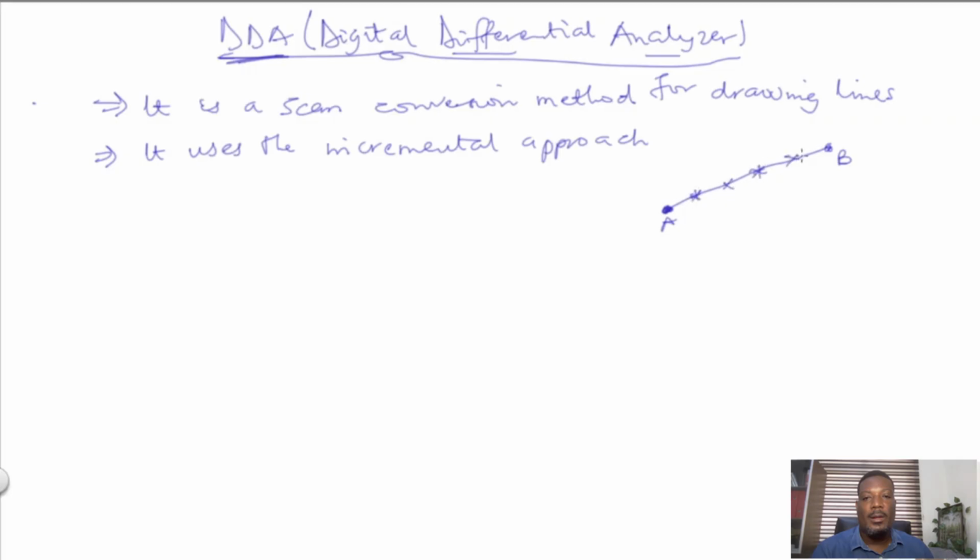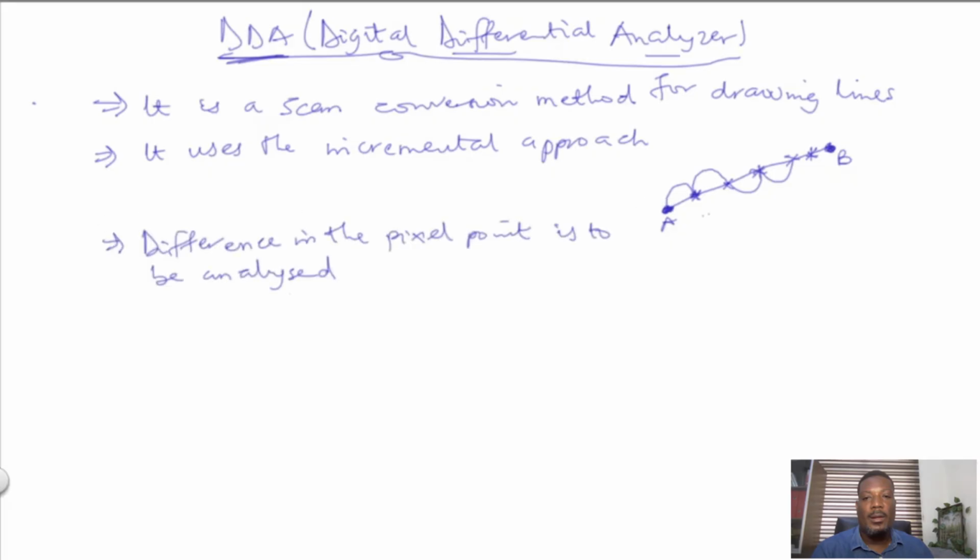All these points will be drawn based on the previous points to arrive at point B. Likewise, this, that, and the rest. If you want to draw a line, use all the points forming the line. In the drawing of the line, we will use all the intermediate points. All these would have to come together to be able to draw the line from point A to point B.